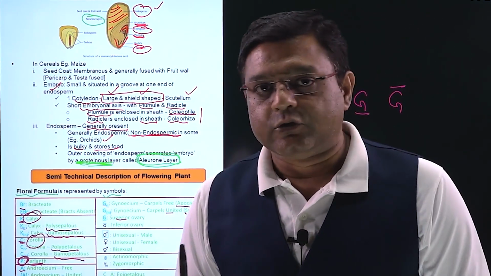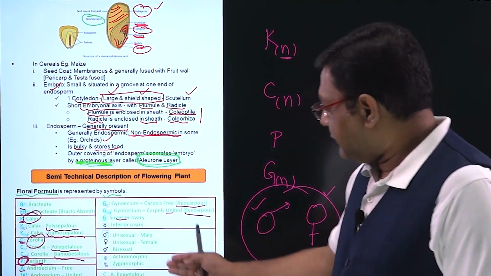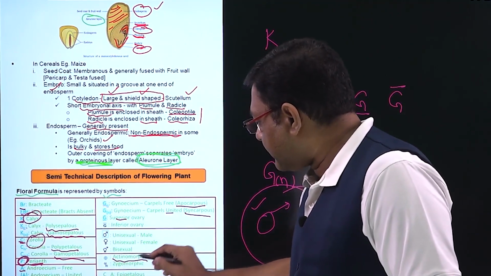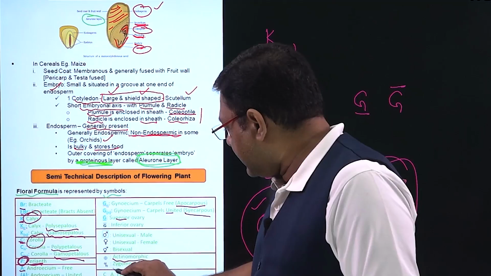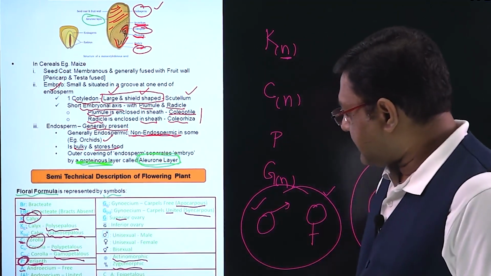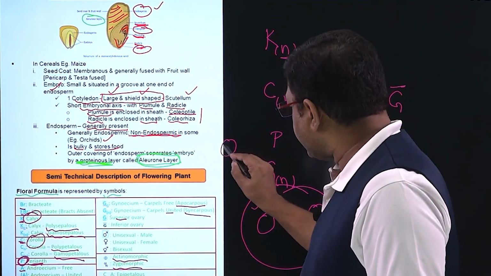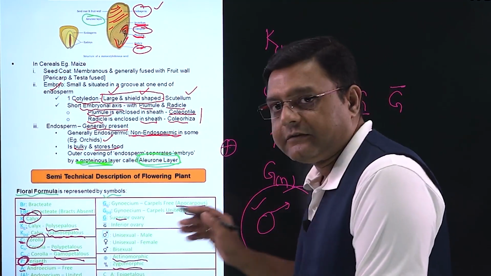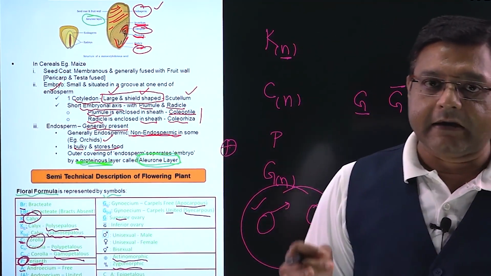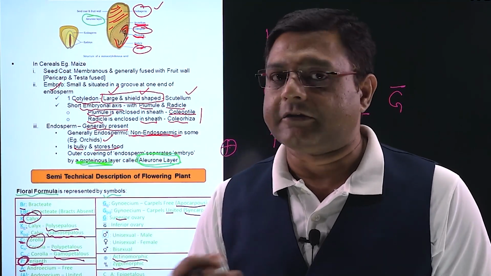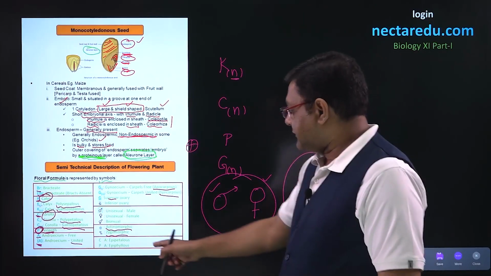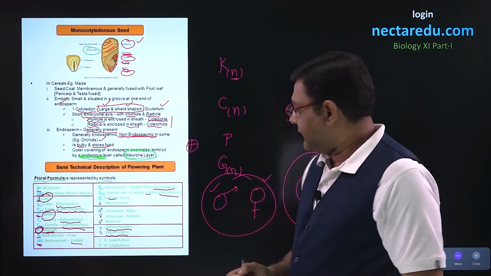Then, coming to the symmetry. The first will be actinomorphic, that is similar to radial symmetry. The second will be zygomorphic. The symbol for actinomorphic is this. So, this means we can divide the flower into 2 equal parts by any plane that passes through the center of the flower. The second condition is the zygomorphic condition.